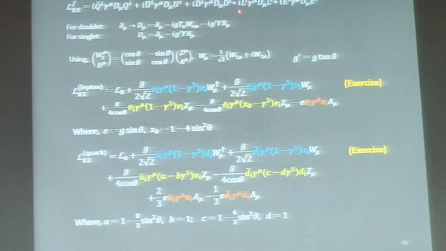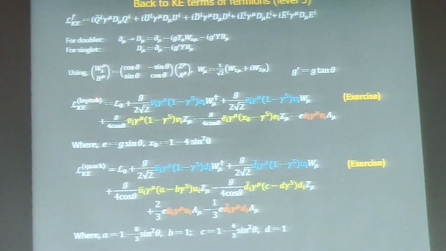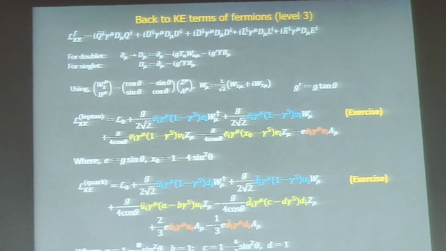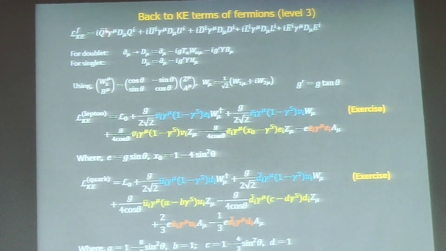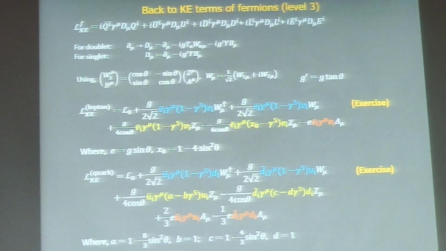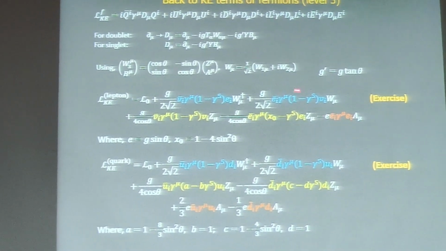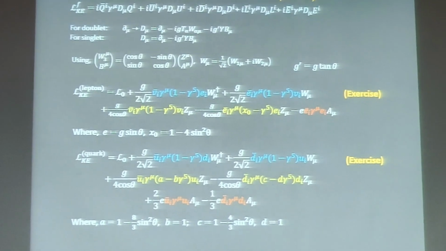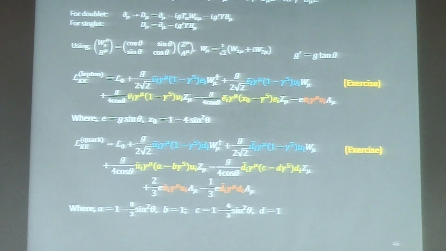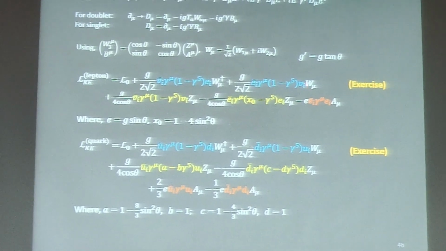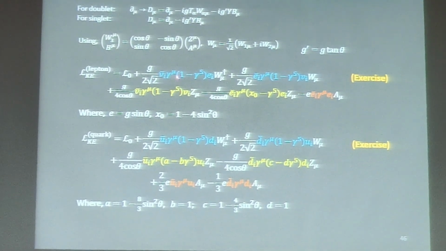This is the part coming from these two terms. We call it the leptonic part, and then we have the hadronic part coming from the first three terms. So here we have all sorts of interaction between matter fields and the gauge fields. We have actually four interaction terms in this part.